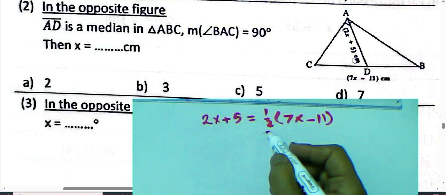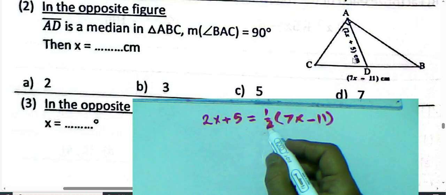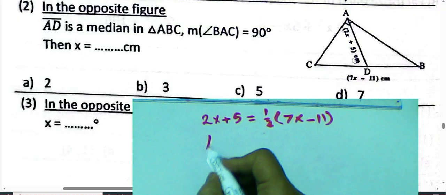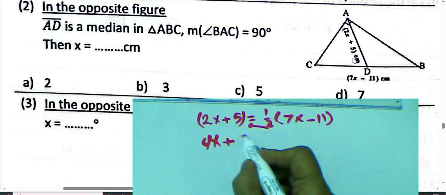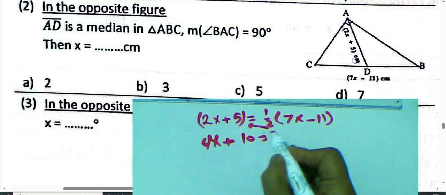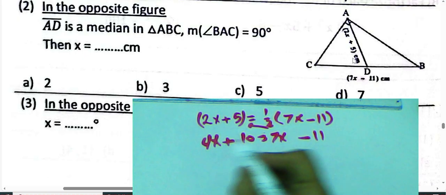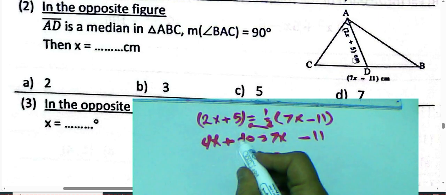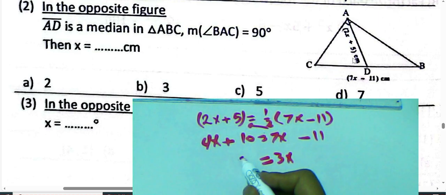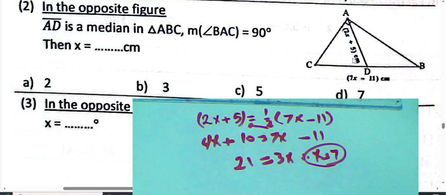We can solve this expression by multiplying by 2 on the left hand side and right hand side, to cancel the half. 2 times 2 equals 4, so 4x, and 2 times 5 is 10, equals 7x minus 11. We simplify by moving 4x: 7x subtract 4x equals 3x, and negative 11 goes over as positive. 11 plus 10 equals 21. Then the value of x is 21 divided by 3, which equals 7. The value of x here equals 7.